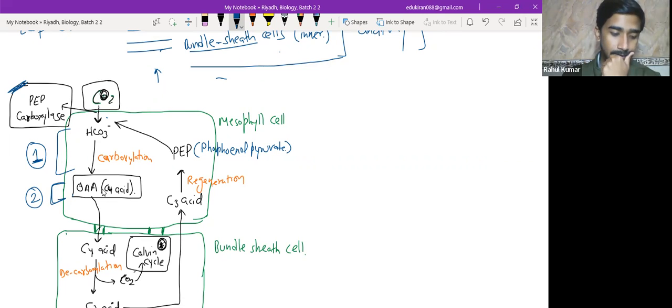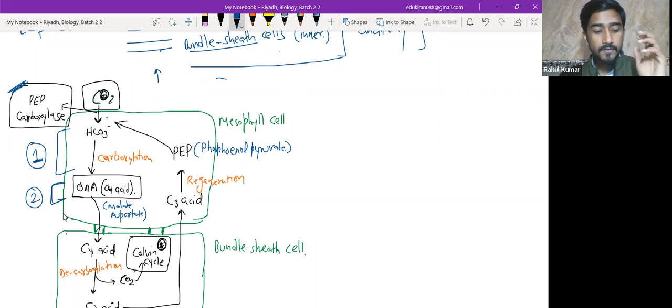For example, malate and aspartate. So I'm writing it here. It can also become malate. It can also become aspartate. So you are making more options that you can send into the bundle sheath cells.